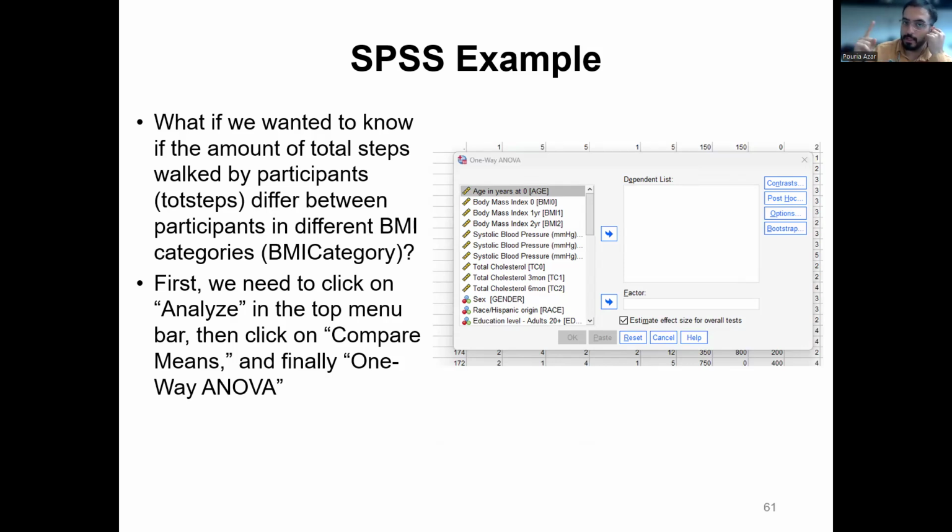So we need to click on Analyze, Compare Means, and One-Way ANOVA. After clicking on One-Way ANOVA, there should be a window like this. We have dependent list and factor. Our factor is BMI category. Dependent is the total steps.